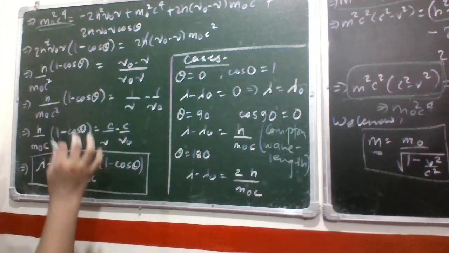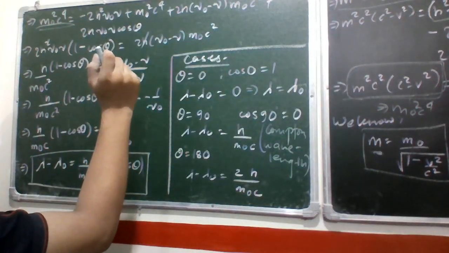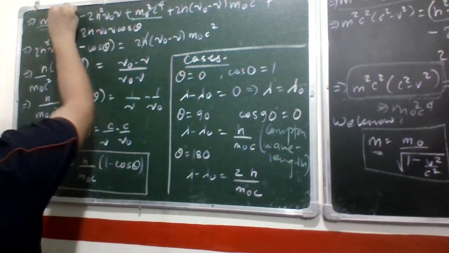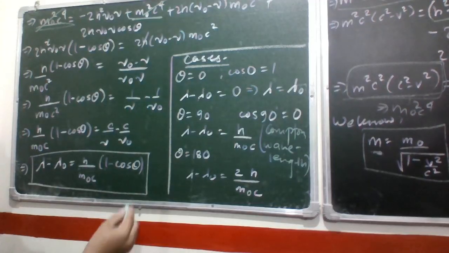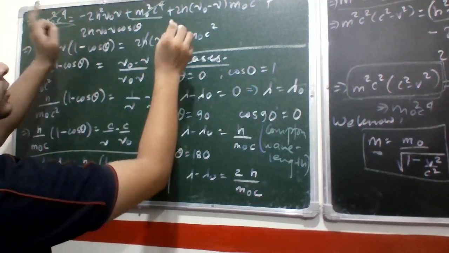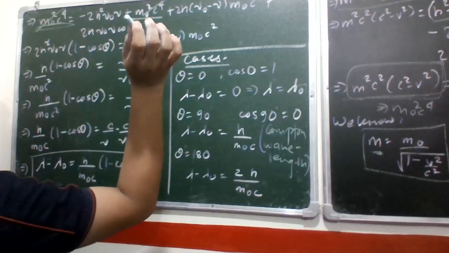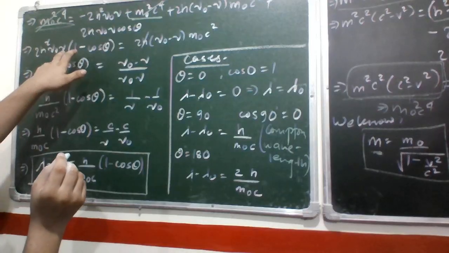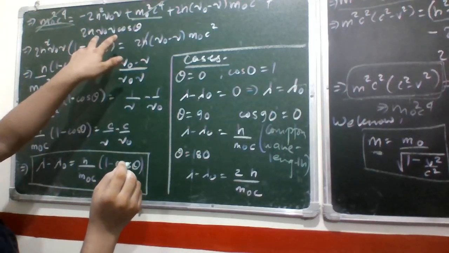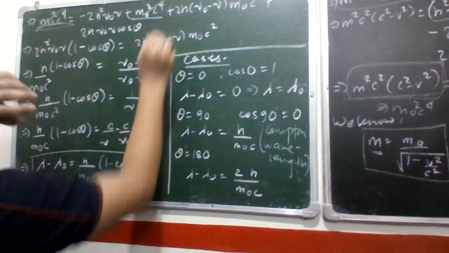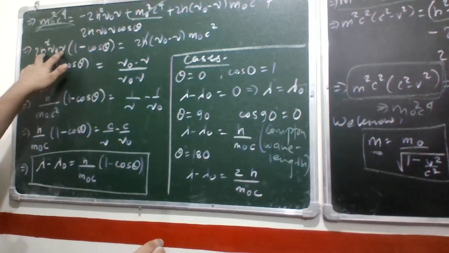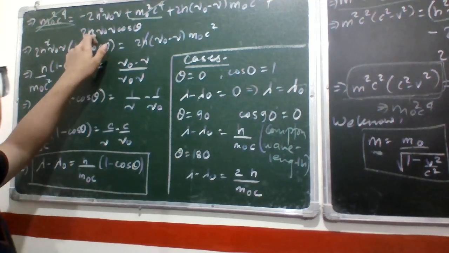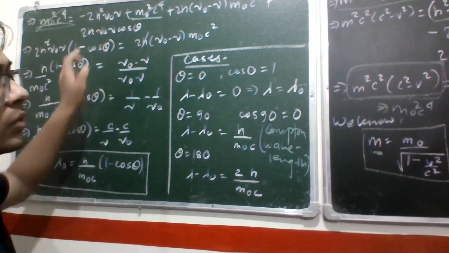Since we have m naught squared c to the power 4 on both sides, we can cancel these two terms. Then we know that we have got, wait a second, where do I have this? Yes, these two terms, isn't it? I think we have h squared here, right? Okay, let me check.